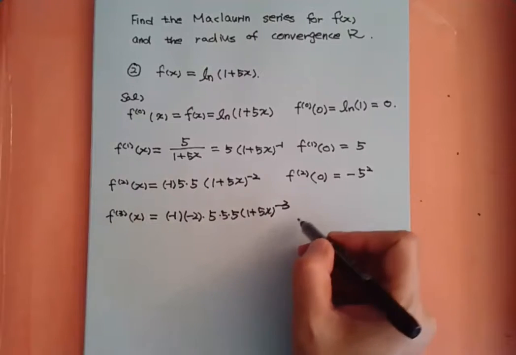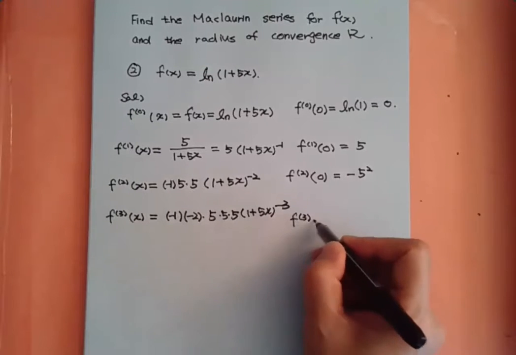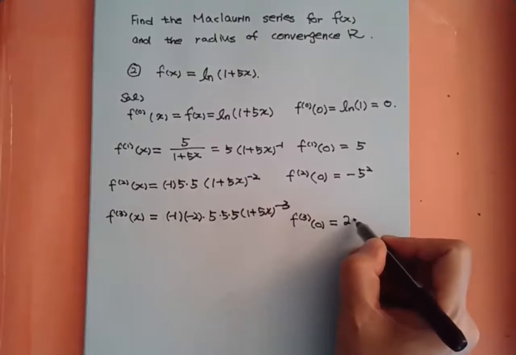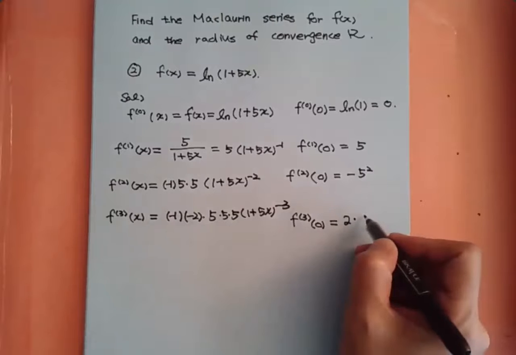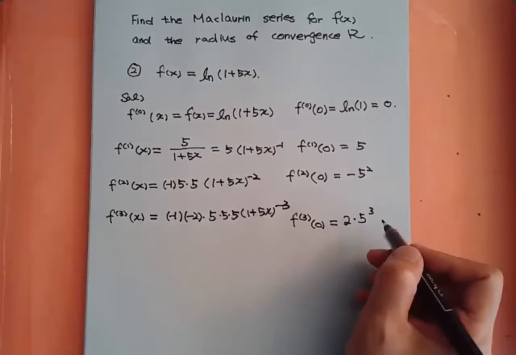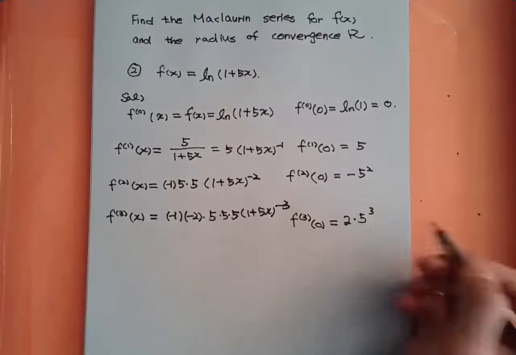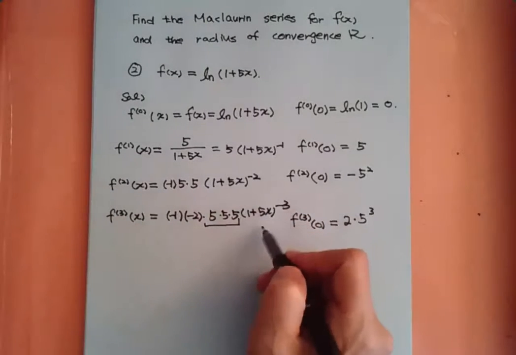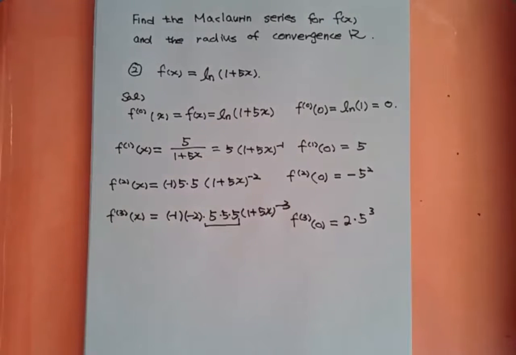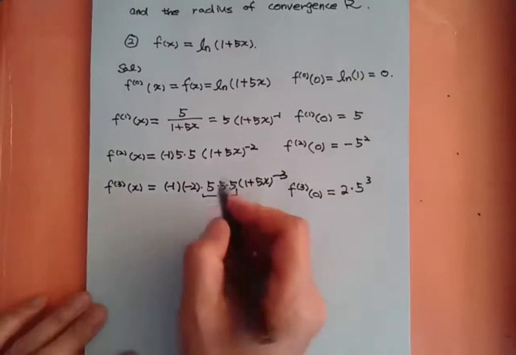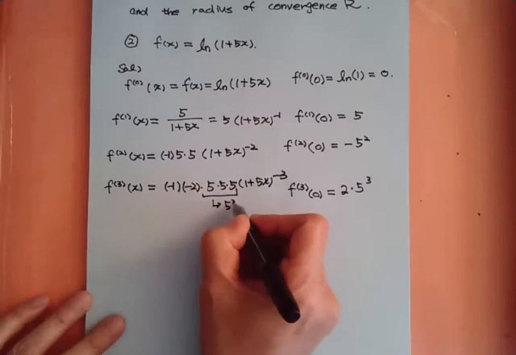So this time, the third derivative at 0 is 2 times, negative will make positive, 5 cubed. This one will vanish. So this one is 5 cubed.